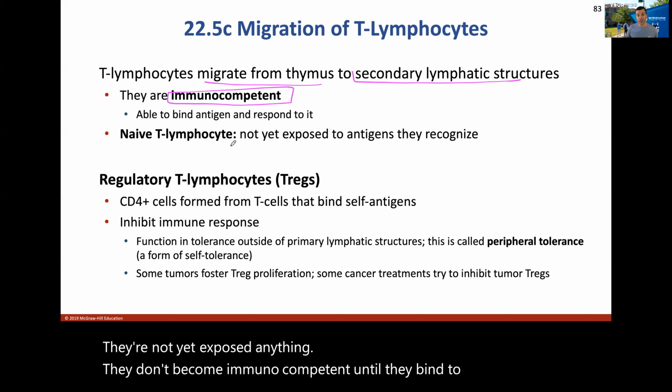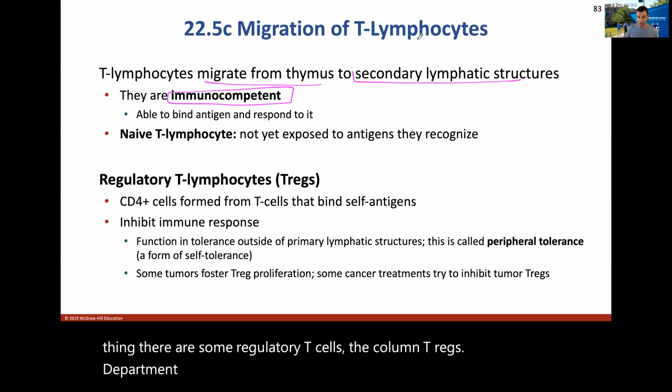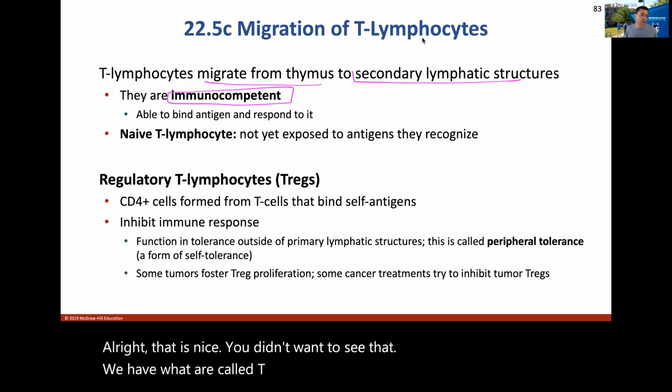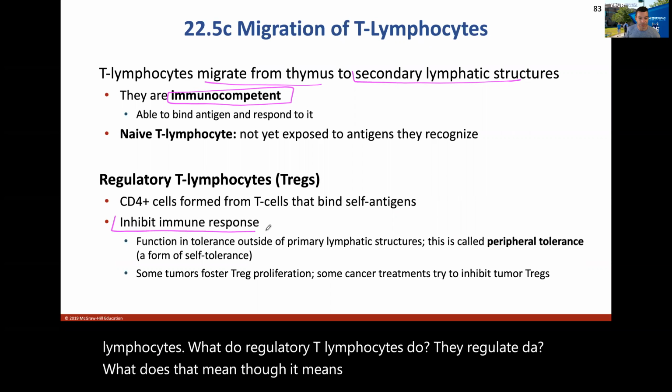Last thing, there are some regulatory T cells. They call them Tregs. Pardon me for one second. All right, I had to sneeze. You didn't want to see that. We have what are called Tregs, and these are just regulatory T lymphocytes. What do regulatory T lymphocytes do? They regulate. Duh. What does that mean, though? It means that they inhibit the immune response.